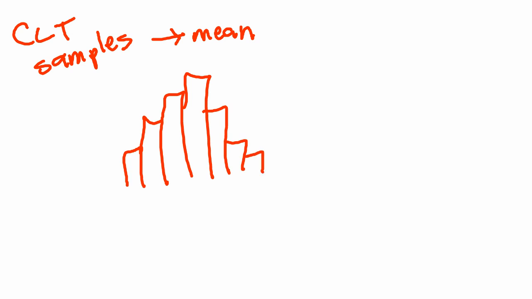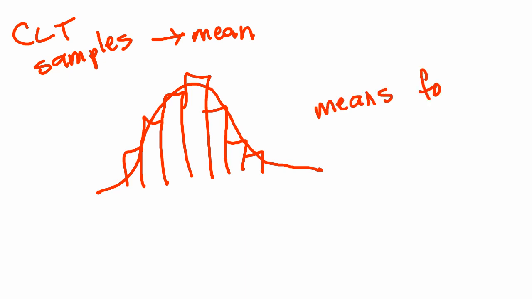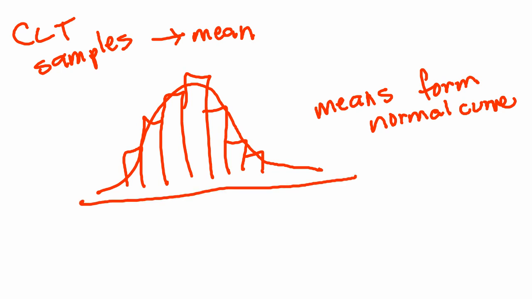Not perfect, but the more examples you do, the means of all the examples form a normal curve. In my discussion, I tried to show that by taking more and more examples, and it made a normal curve.